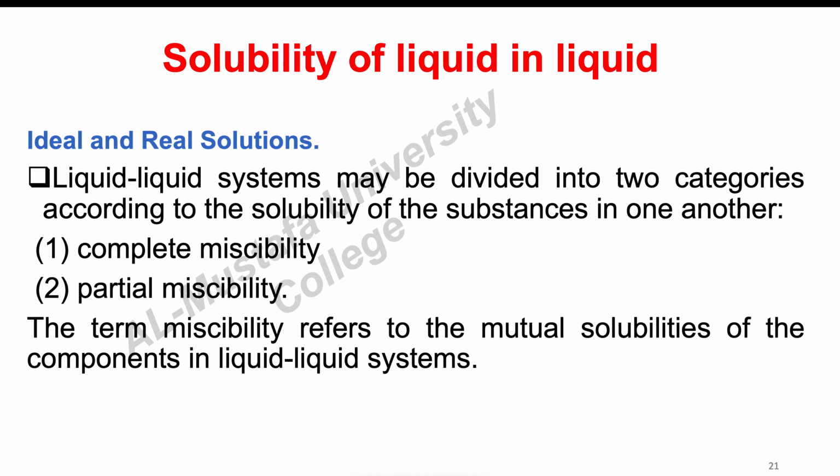Liquid systems may be divided into two categories according to the solubility of the substances in one another: complete miscibility and partial miscibility. The term miscibility refers to the mutual solubility of the components in a liquid system.